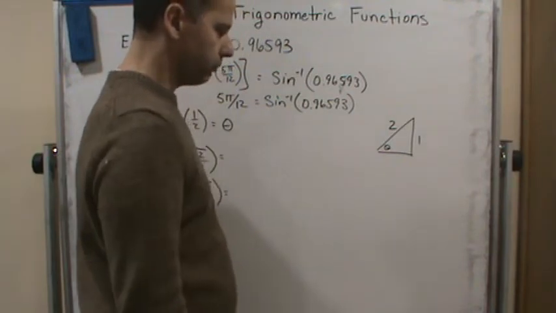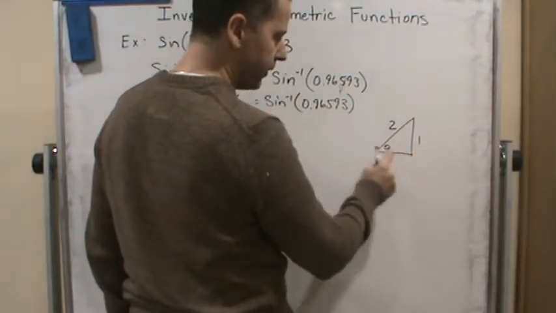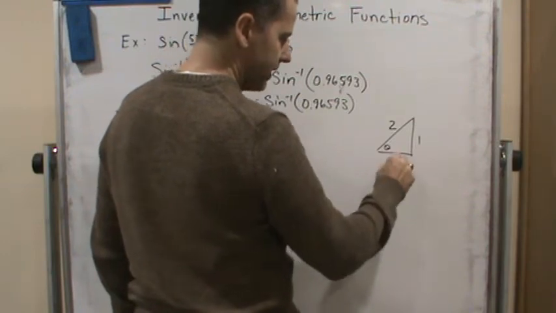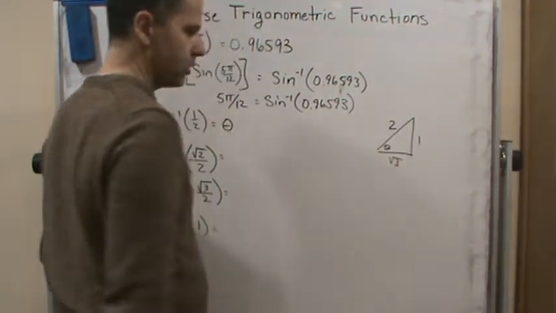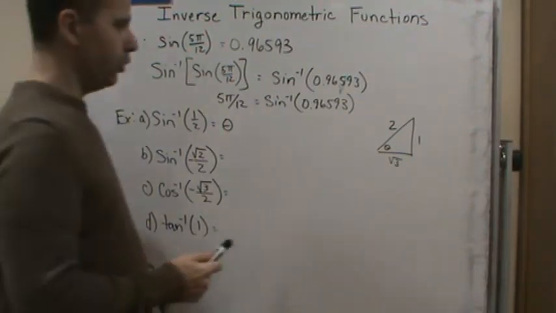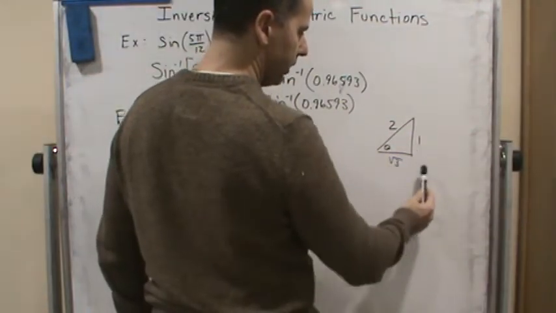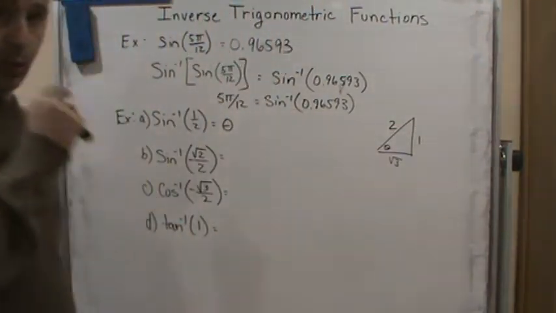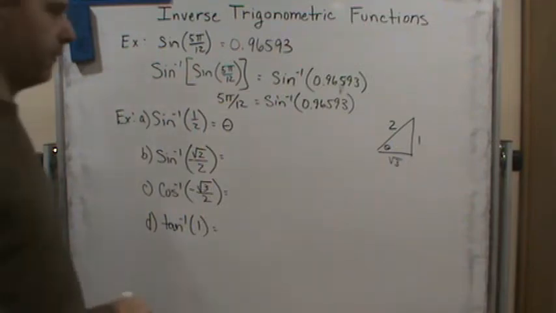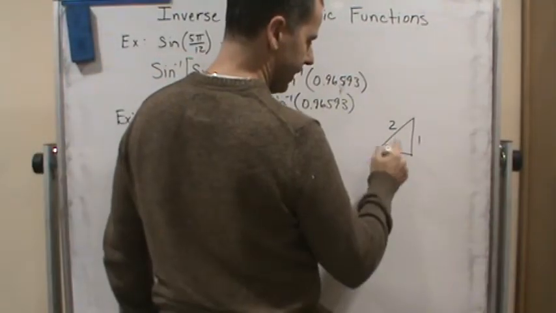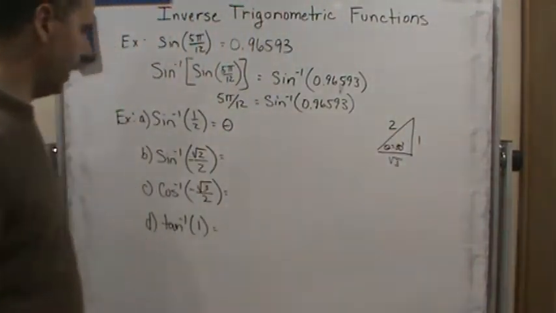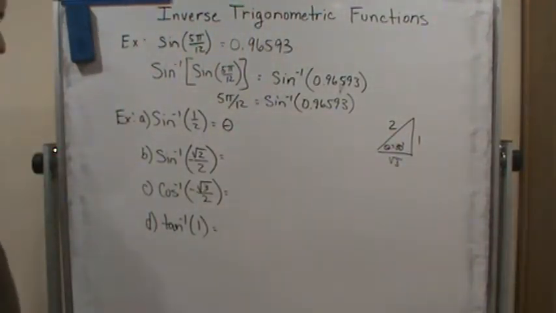Well, if I use the Pythagorean theorem, this is going to be the square root of 3. And so you immediately see what kind of triangle has these ratio of sides. It's going to be a 30, 60, 90 triangle. In fact, this tells me that this is 30 degrees, or pi over 6.